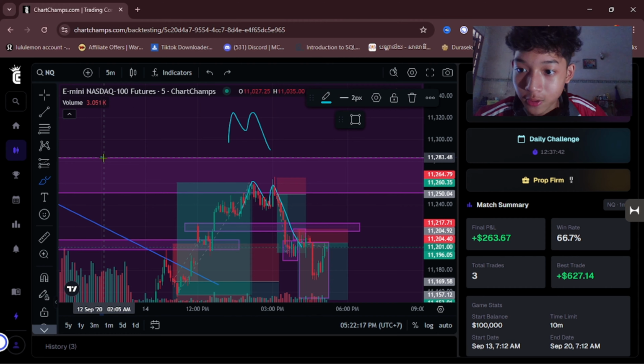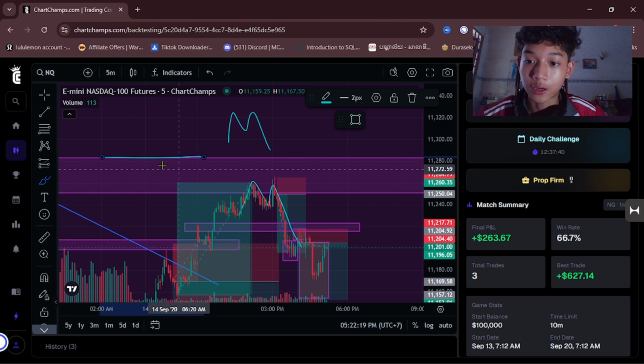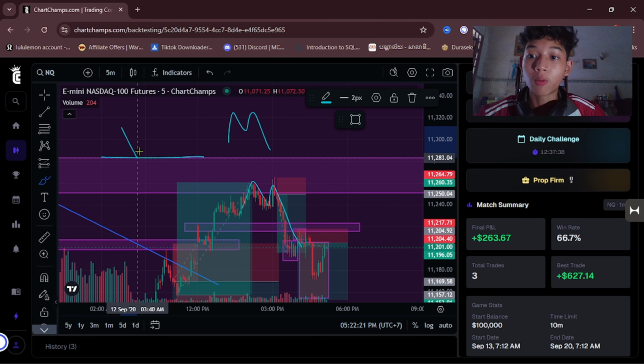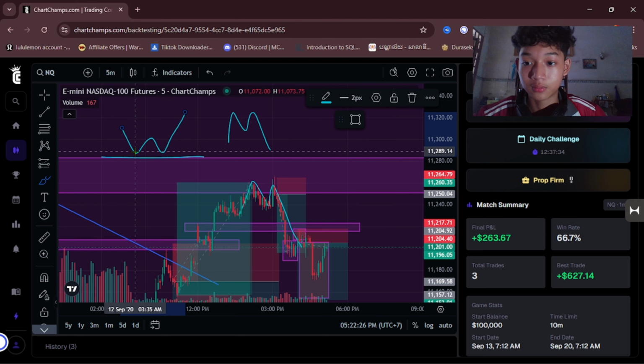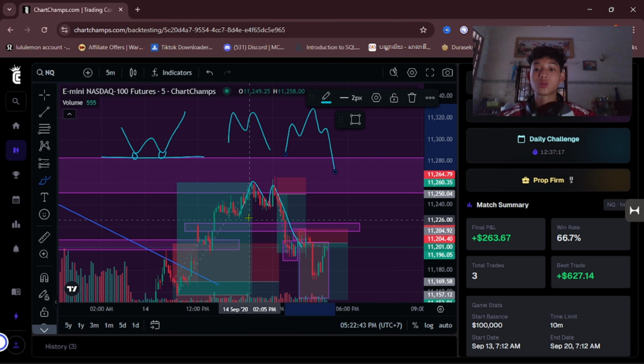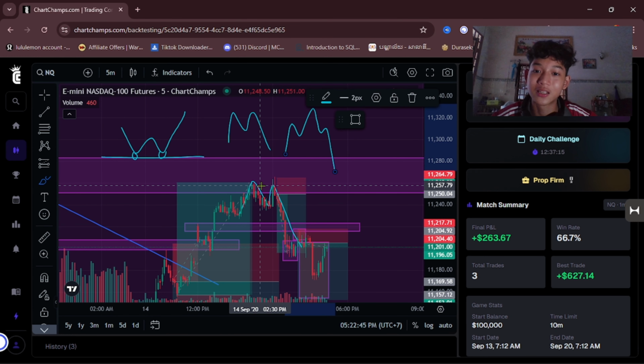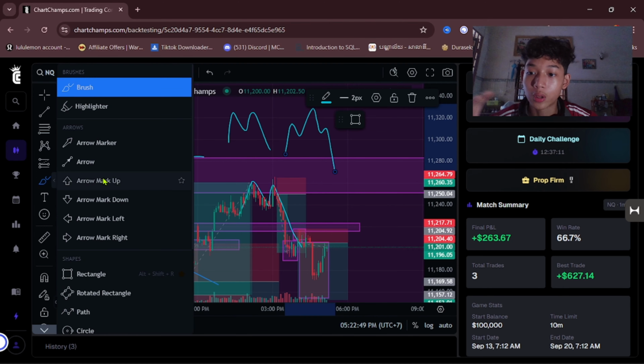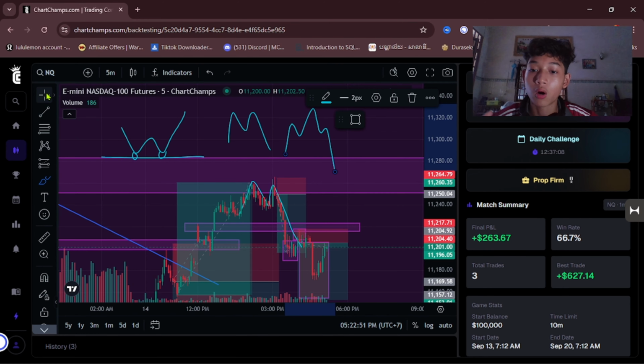For example, if this is the demand zone right here and the candle forms like this, it usually means it is switching. Okay, double tap, a W. It's very important to know the reversal patterns, especially these two main ones. After you master these two patterns, you will trade with more confidence.